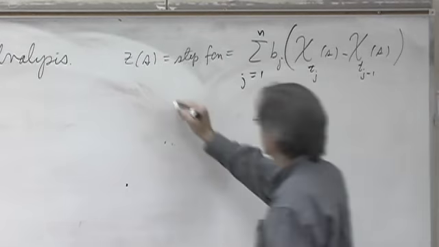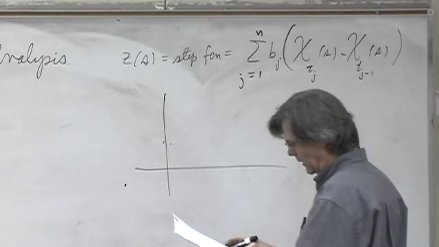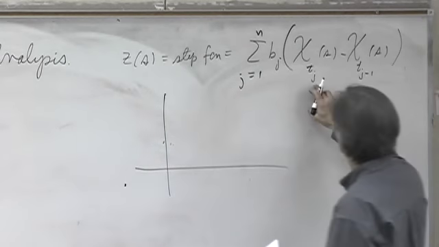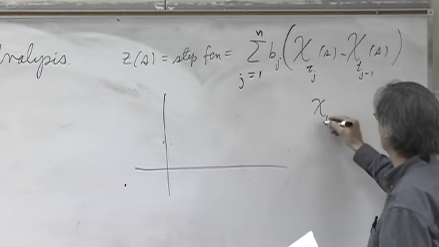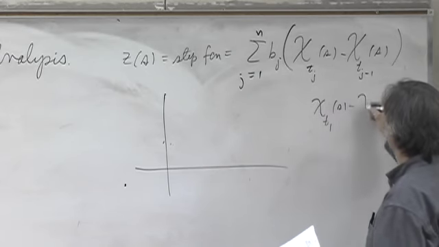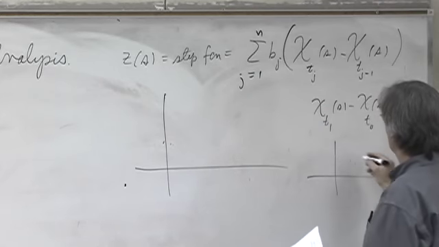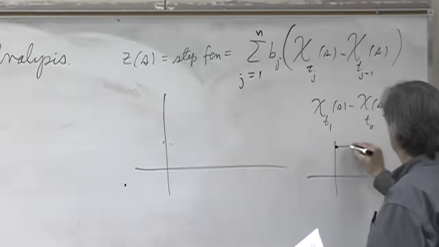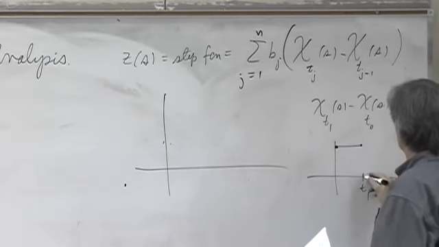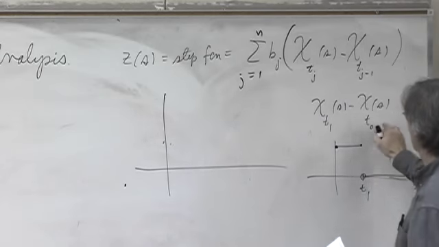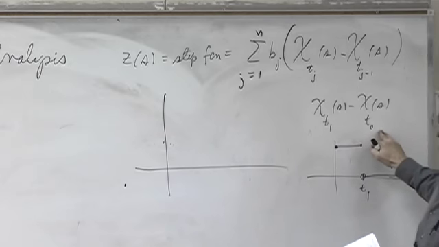What does that look like? That has a graph which, let's see, let's say just focus on j equal to 1. Chi_{t_1} minus chi_{t_0}. What's that? Chi_{t_1} of s minus chi_{t_0} of s. Well, the one function is 1 on 0 to t_1, and then 0 else. And the other function, chi_{t_0}, I'm just looking at the interval from 0 to 0 in that case.